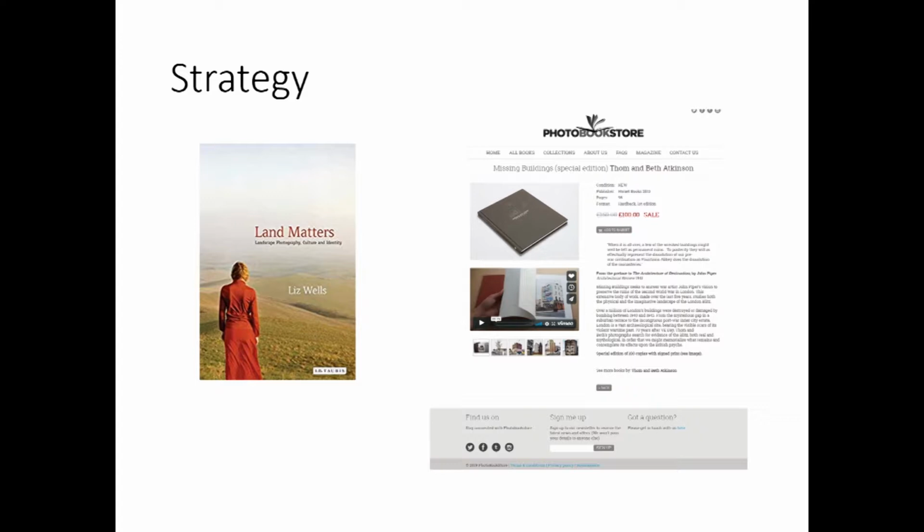In choosing to research POW sites and photograph them as they are now, I am treading in the same shoes as Tom and Beth Atkinson, who produced a book called Missing Buildings, in which they photographed various bomb sites within London.